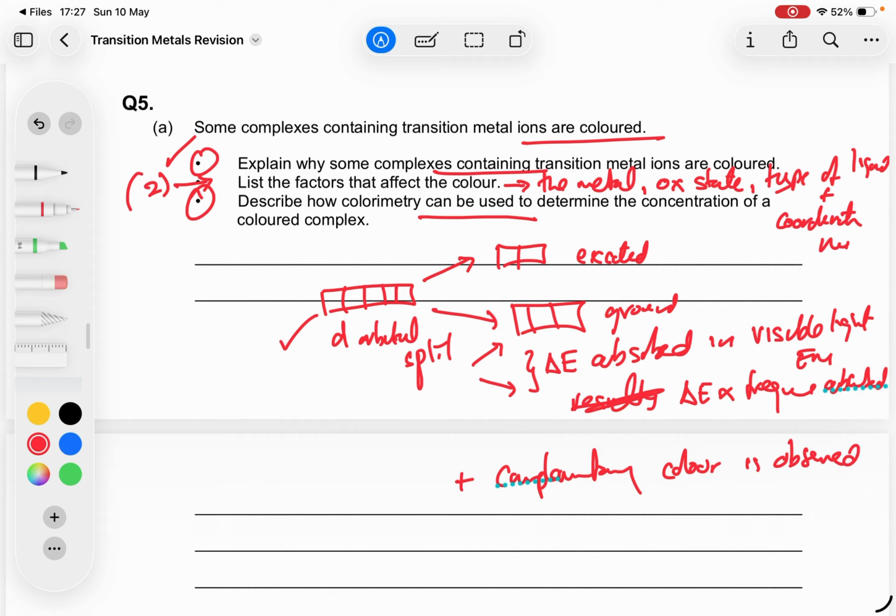Or you can say the color of light that is reflected or transmitted is the color that is seen, that is observed. So again, the splitting of the d orbital, the movement of electrons to 2 different energy levels, higher and ground state, the difference in energy delta E between the 2 energy levels is proportional to the frequency of light absorbed in the visible part of the spectrum, and the color that you observe is the one that's reflected, or the complementary color.